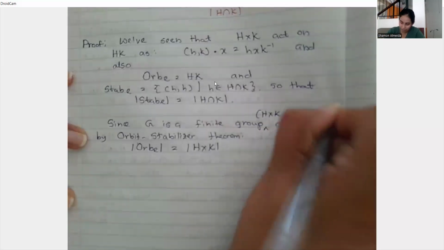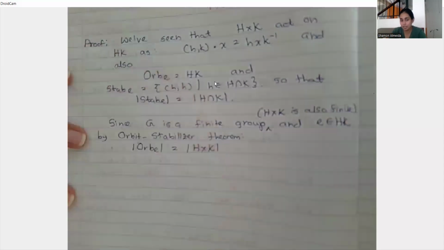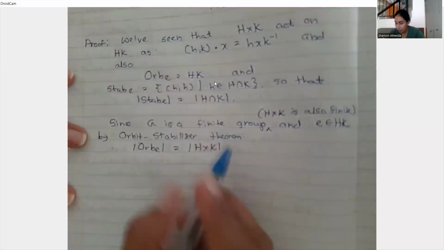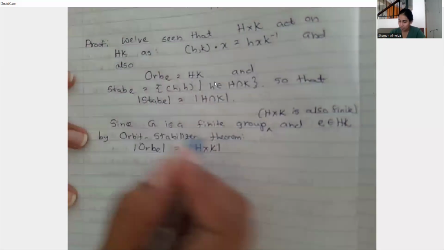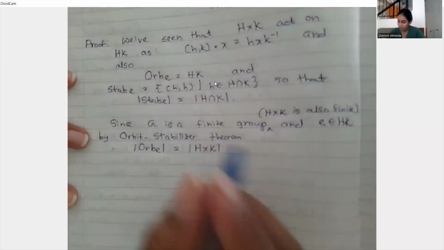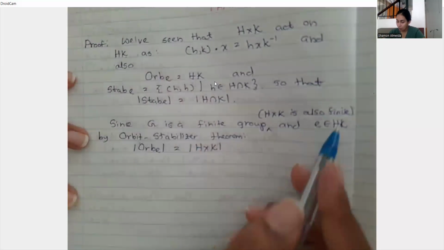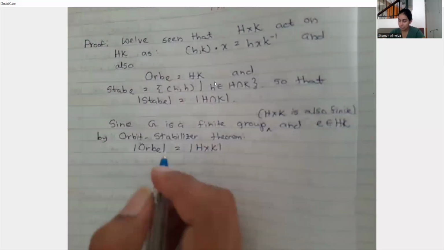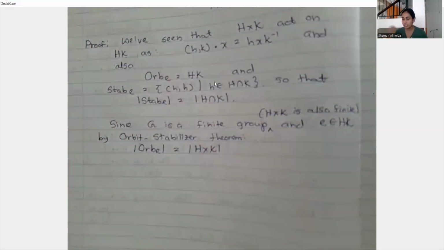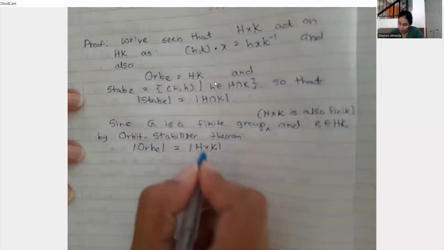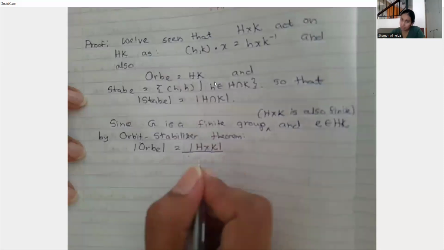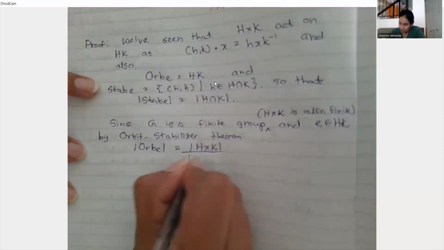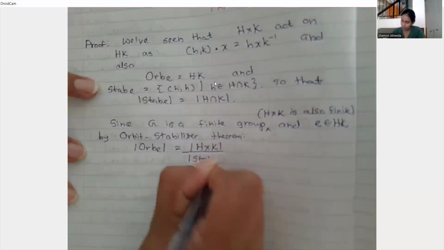So we are going to apply the orbit stabilizer theorem for the finite group H cross K, which is acting on HK, right? So the orbit stabilizer theorem tells you for identity e, which is in HK, the number of elements in its orbit is equal to the number of elements in the group that is acting on HK, which is this, over the number of elements in the corresponding stabilizer, which is stab e, right?